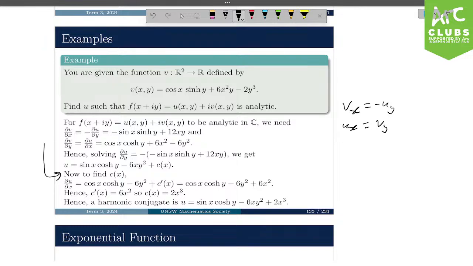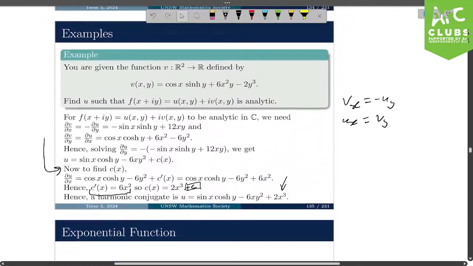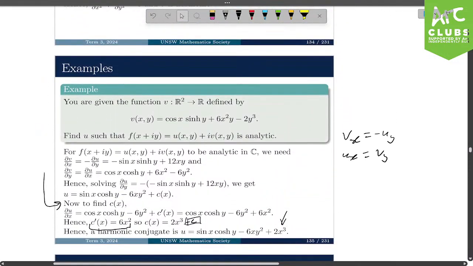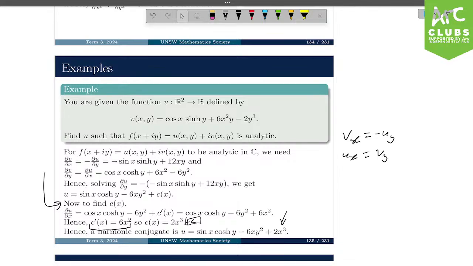So over here, we end up getting that the constant should be of the form 2x cubed plus some complex constant. And so we can determine an analytic function where this is 0, so we tack on the plus 2x cubed. All right, so this gives us u, and therefore our full function is analytic, just because the Cauchy-Riemann equations are satisfied everywhere.